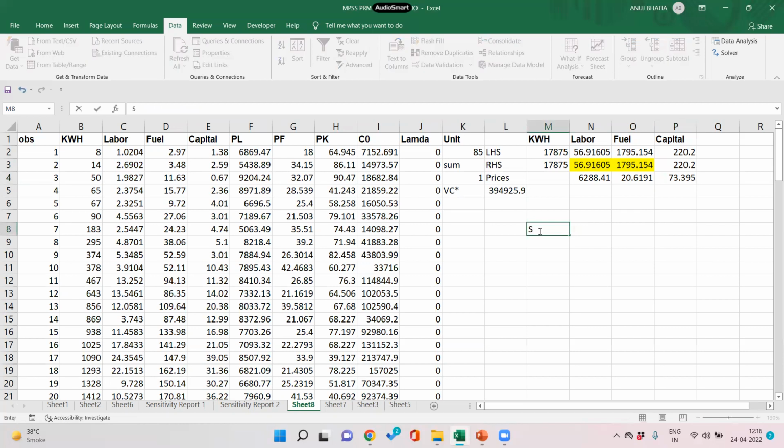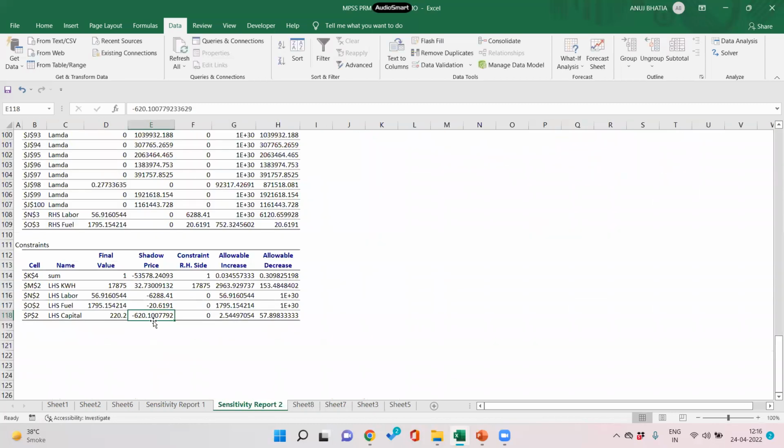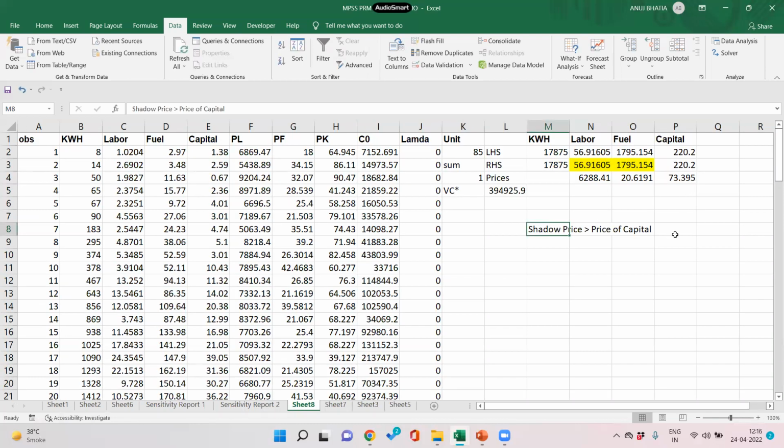So let me write here: if shadow price is greater than the price of capital. Your shadow price in the sensitivity report is 620 and the price of capital is 73. So the firm is underutilizing its capital.